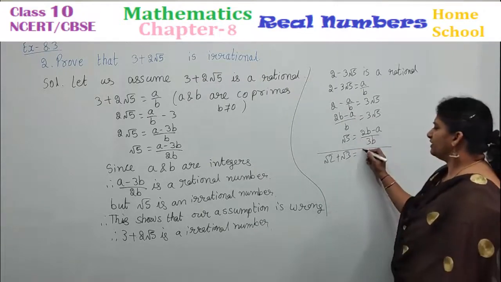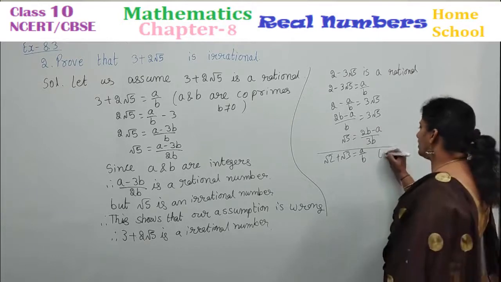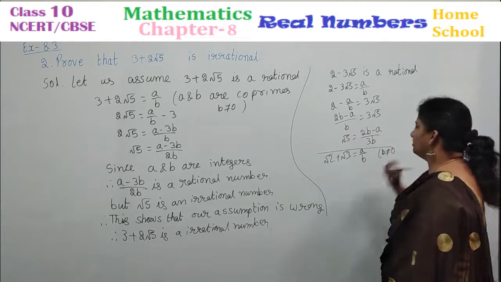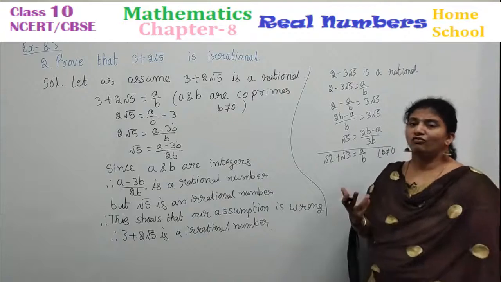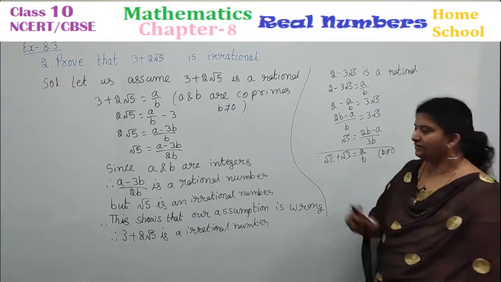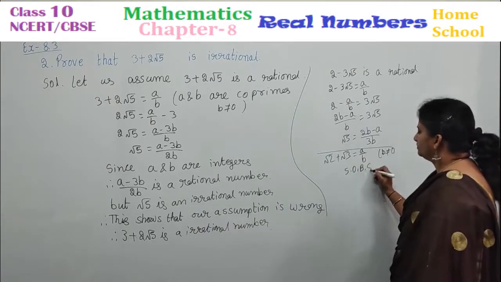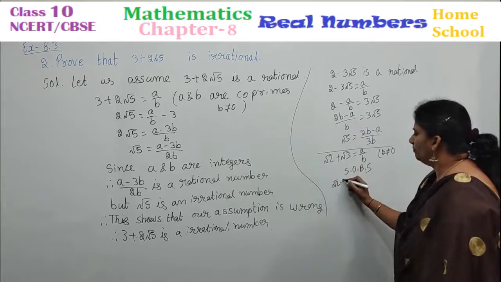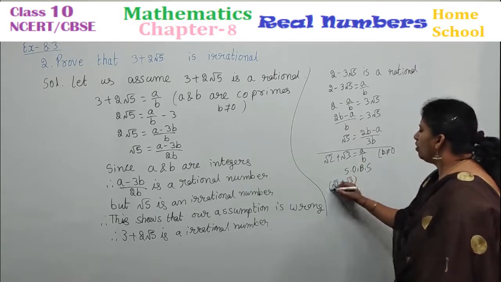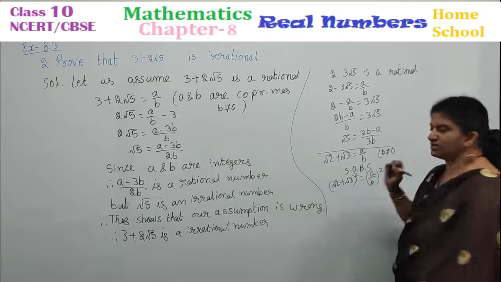So, let us assume it as a rational. Rational means it should be equal to a by b, where b cannot be equal to 0. Now, further what I need to do? Squaring on both sides. We need to try to remove the root. Root 2 plus root 3 whole square is equal to a by b whole square.